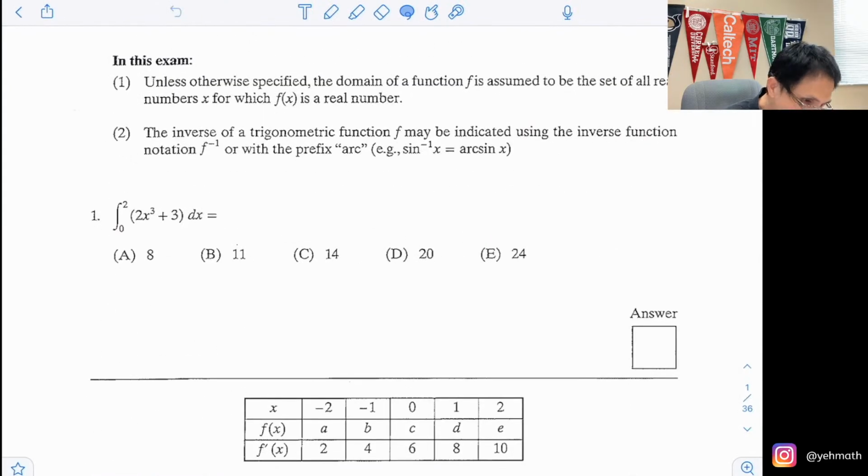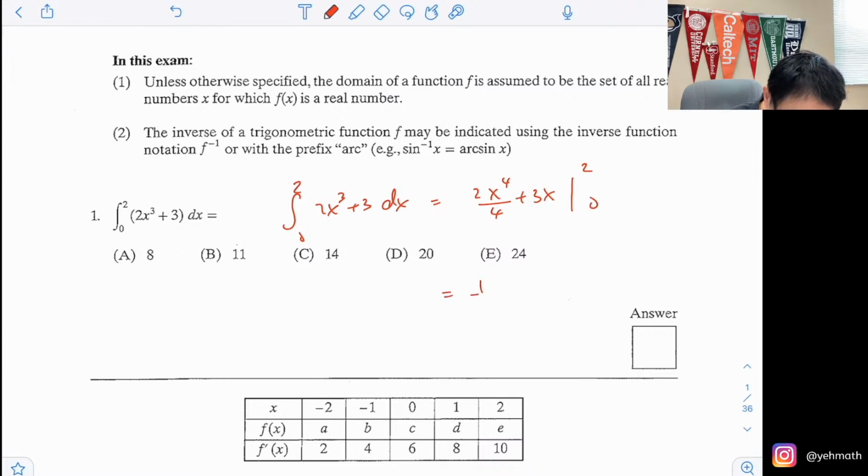Okay, so the first question is super easy. Just integrate this: the integral from 0 to 2 of 2x cubed plus 3 dx. So you're gonna get x to the fourth over 4 times 2, plus 3x, between 0 and 2. That's equal to 1/2 x to the fourth plus 3x.